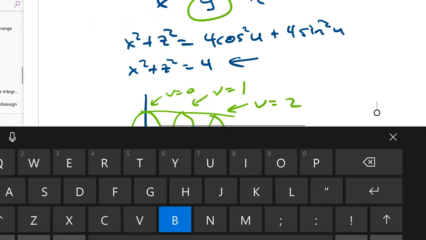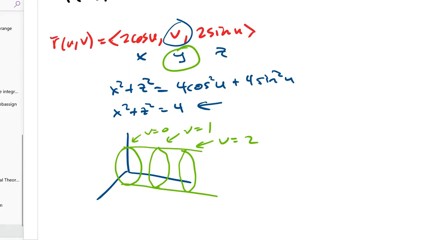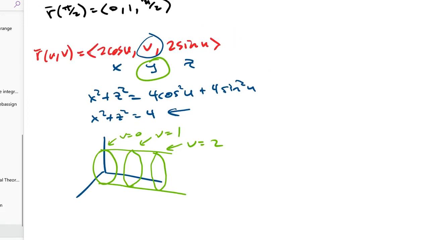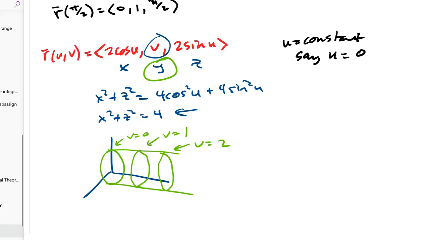All right, now let's suppose that maybe u is constant. So let's see what happens when u is a constant. Say u is, I don't know, 0.